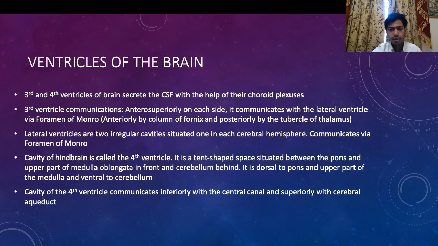It is dorsal to the pons and upper part of the medulla, and ventral to the cerebellum. The cavity of the fourth ventricle communicates inferiorly with the central canal and superiorly with the cerebral aqueduct, or the aqueduct of Sylvius, which is what it's also known as.